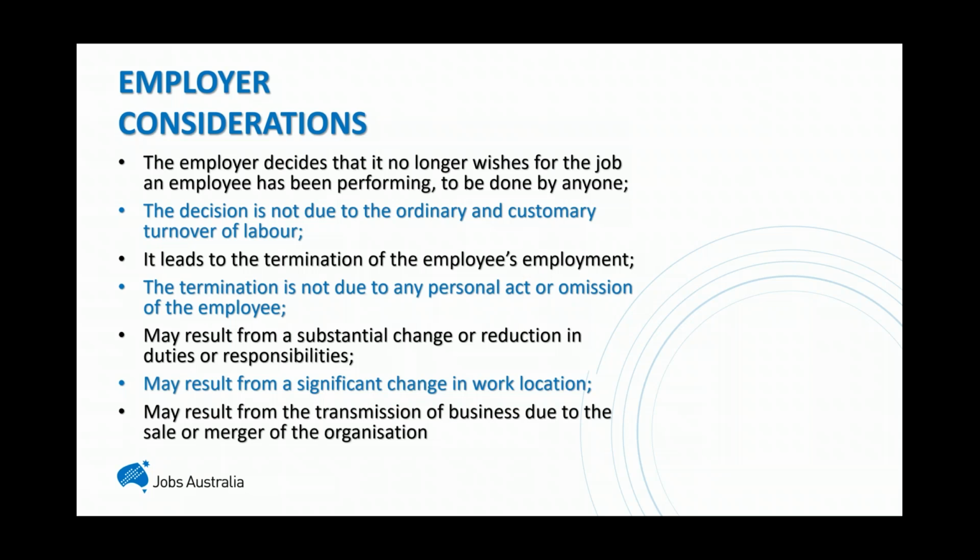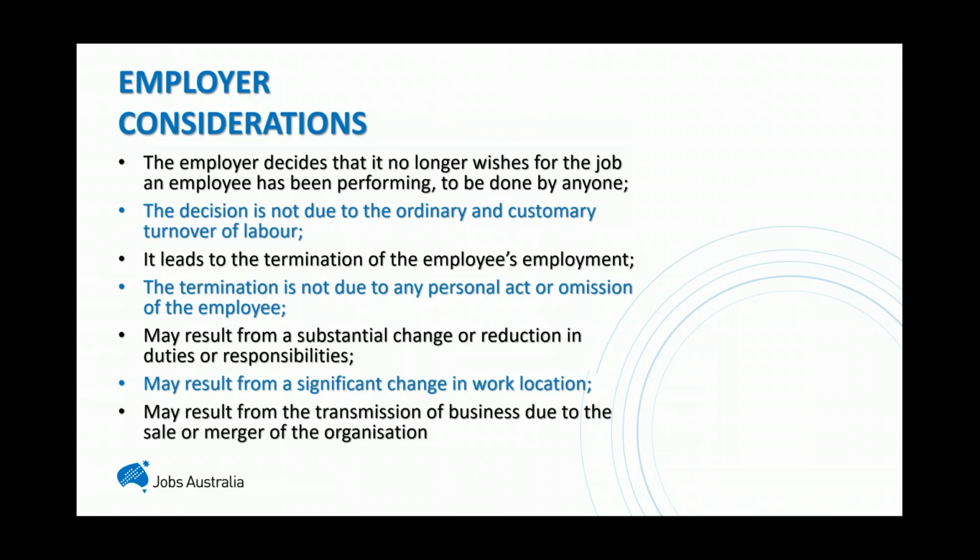If a position becomes redundant, a further consequence is that the employee who fills that position has become redundant or potentially redundant at the start of the process. If there's no other suitable work available for that employee, it may be necessary to terminate the employee as a result. But termination is not the only possible outcome.